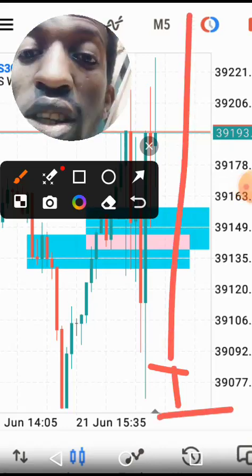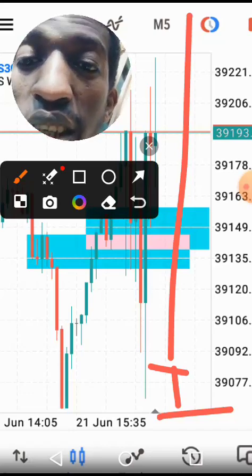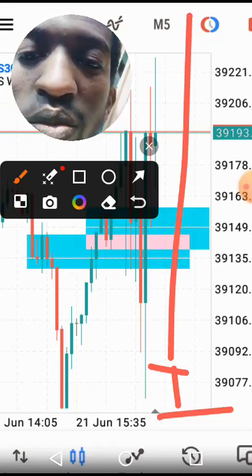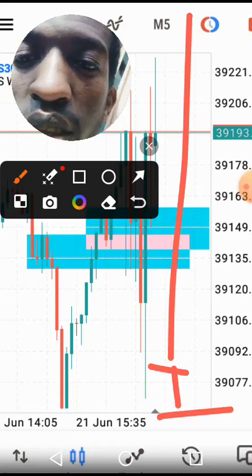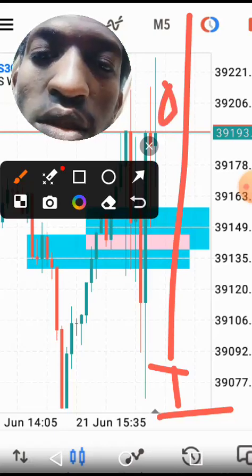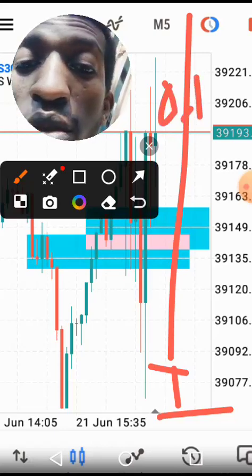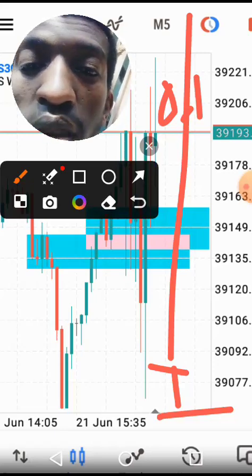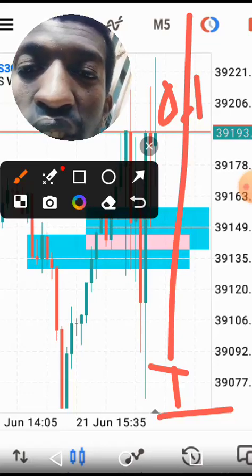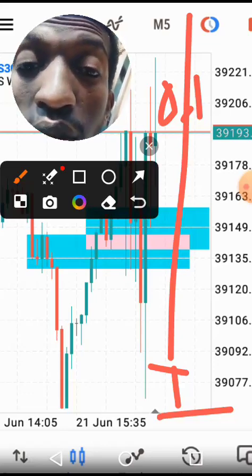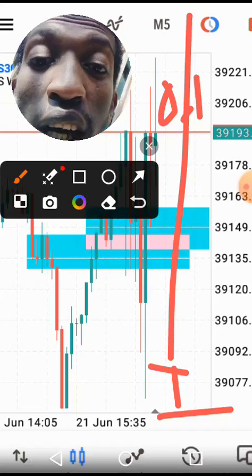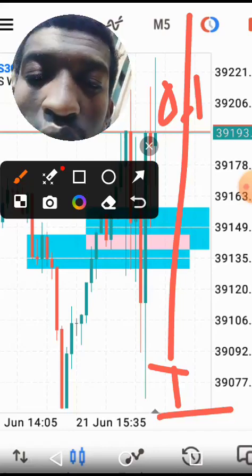My profit is gonna be under the sky, bro. A lot of money. Even if I enter 0.1, it would be, I don't know, $50 or something. It's more than $100 at least. The mini lot, 0.1 lots would be $100. I'm telling you, bro. I'm telling you.